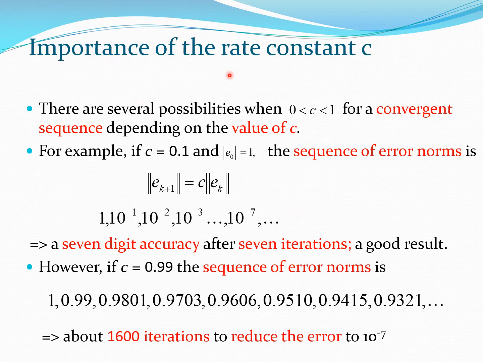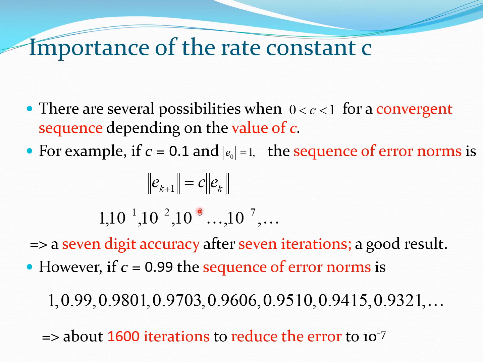So we see that the rate constant c is also very important, and there are several possibilities when c lies between 0 and 1 for a convergent sequence depending on the value of c. So for example, let's take two scenarios where c is 0.1 and c is 0.99. So let's start with c is 0.1 and norm of e_0 is 1.